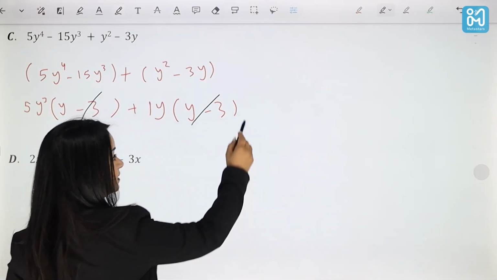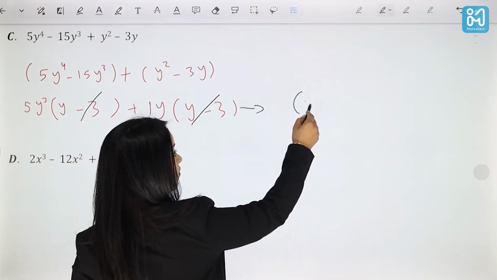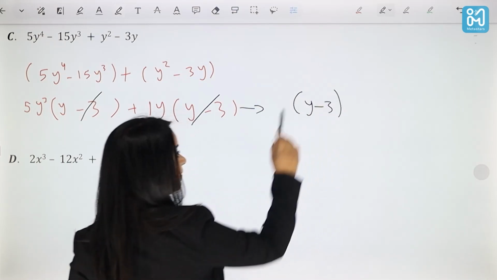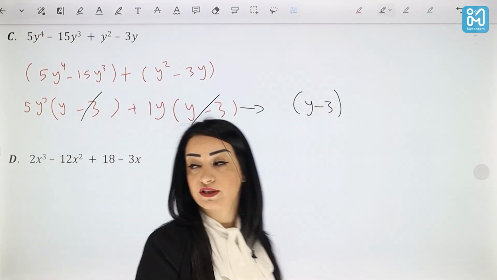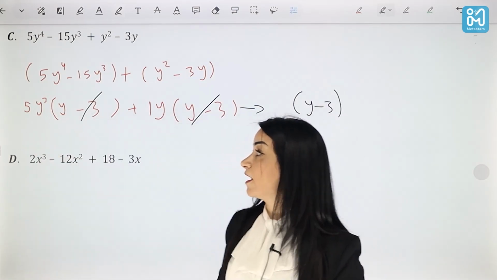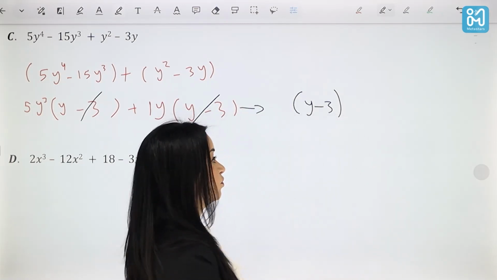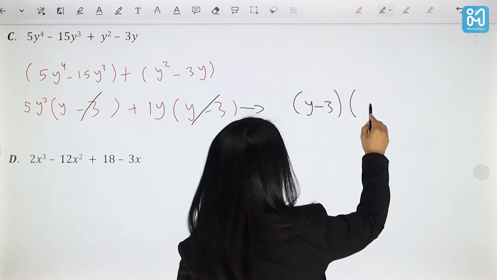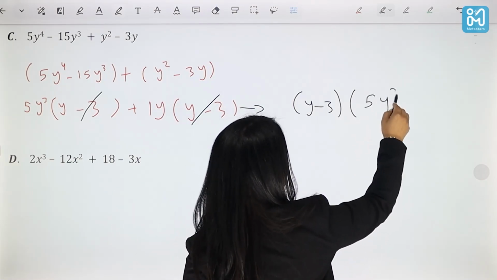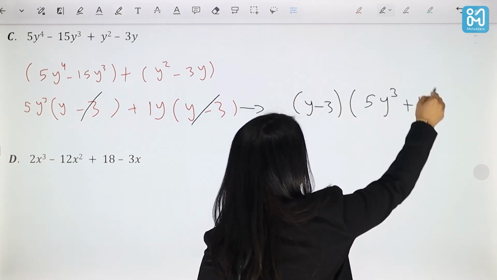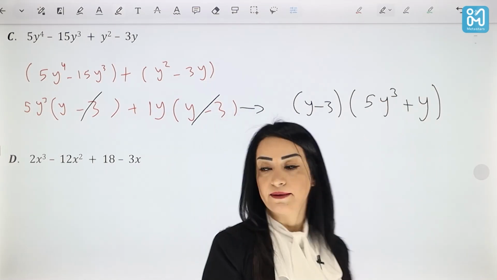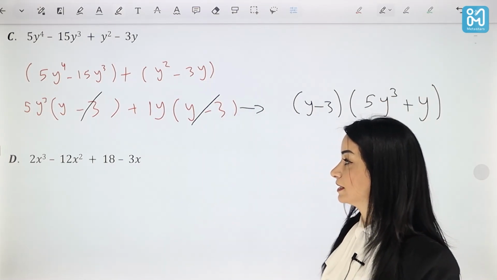Now, what do we have left here? I have 5y cubic, and here I have plus 1y or y. So times 5y cubic plus y.